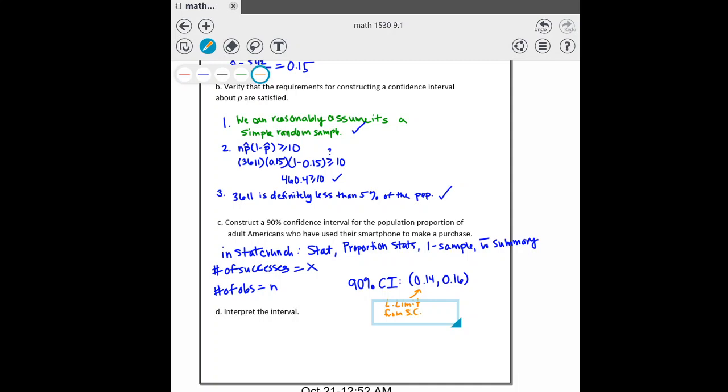I'm just going to say SC, StatCrunch. And then this is your U limit, upper limit, from StatCrunch. That's where those numbers came from. And you always put the lower limit first in a confidence interval, or in any interval. In a confidence interval, the lower limit or the lower bound is listed first.